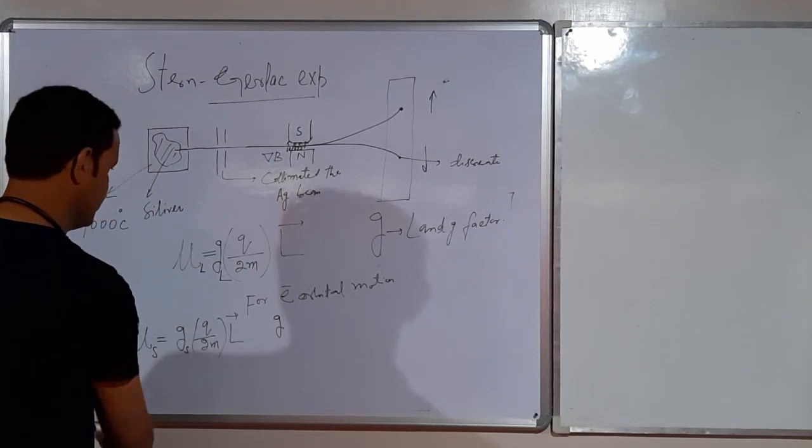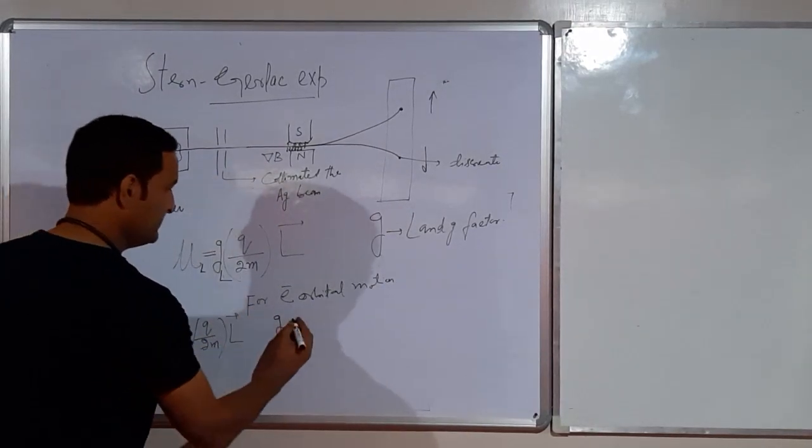This is associated with spin. So for the electron orbital motion, g L will be equal to 1.